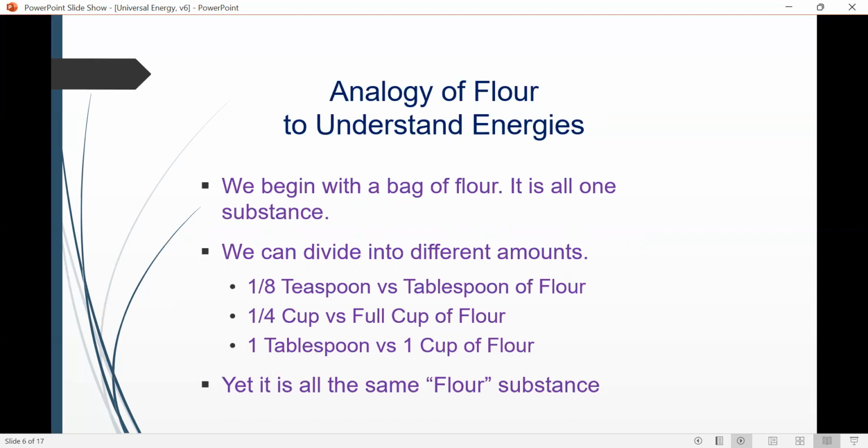We can have a 1/4 cup, a 1/3 cup, a 1/2 cup, a full cup, different amounts. So it's all just the same flour. We're just gathering different amounts and putting those into different containers.